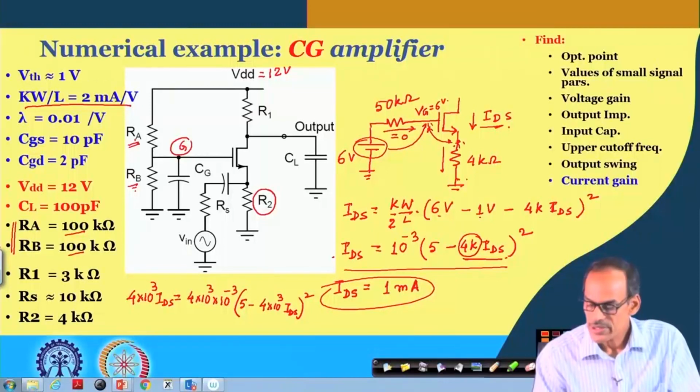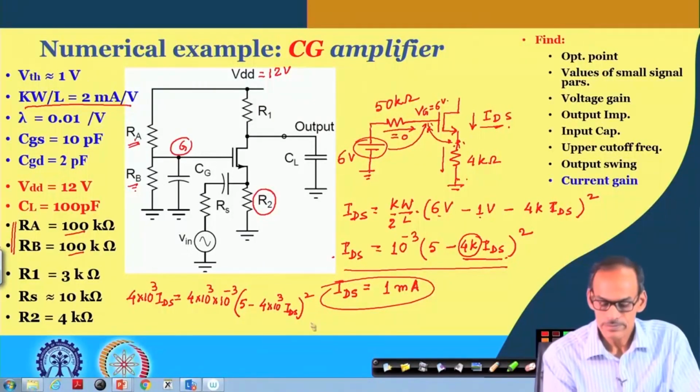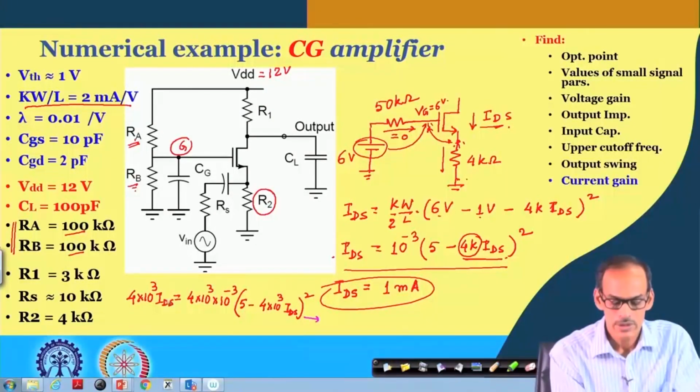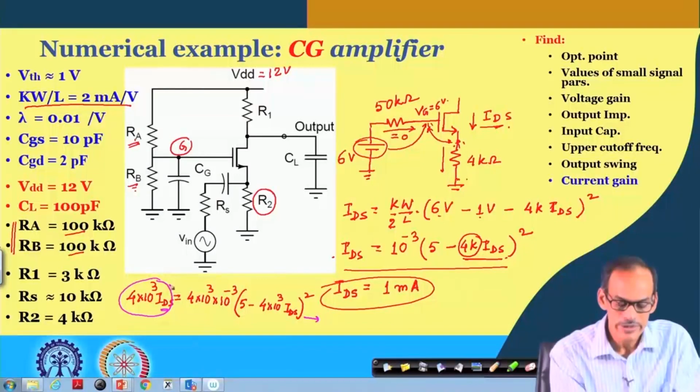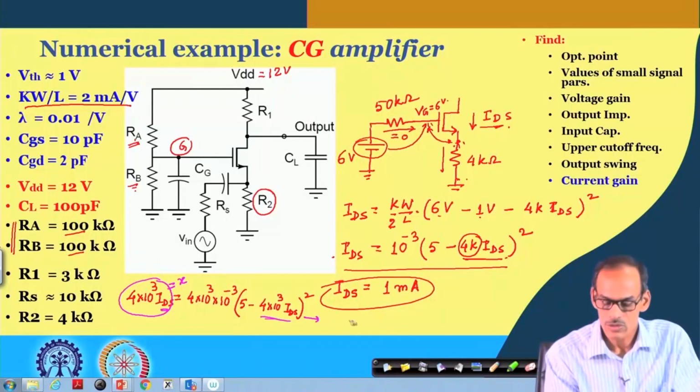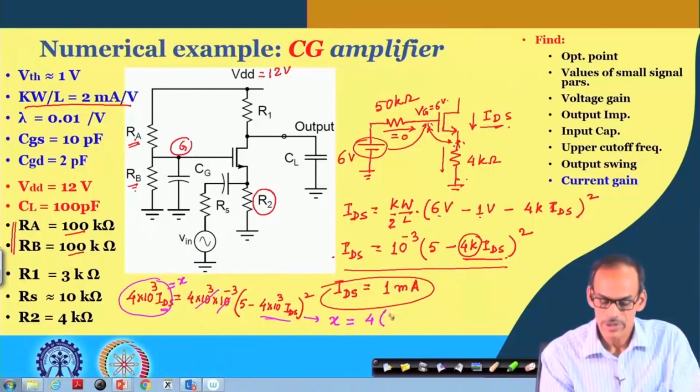So, that gives us this part, and we like to calculate this IDS, and let us consider this is equal to x. So, this is also x. So, that gives us an equation x equals 4. So, this part and this part are getting cancelled, we have 4 here multiplied by 5 minus x square.